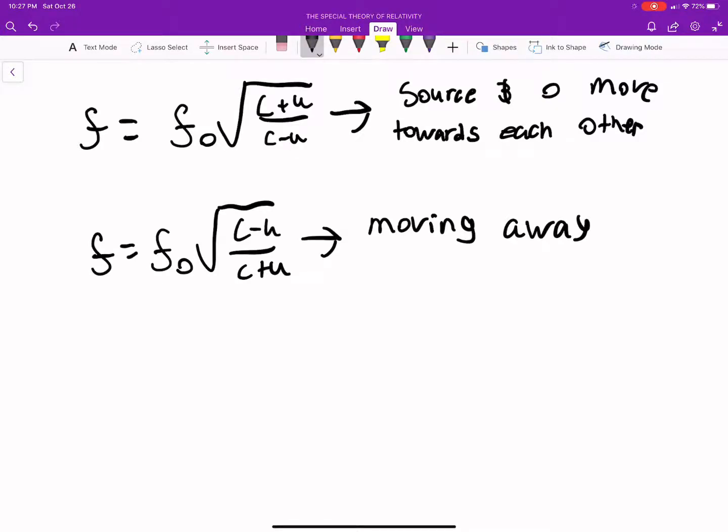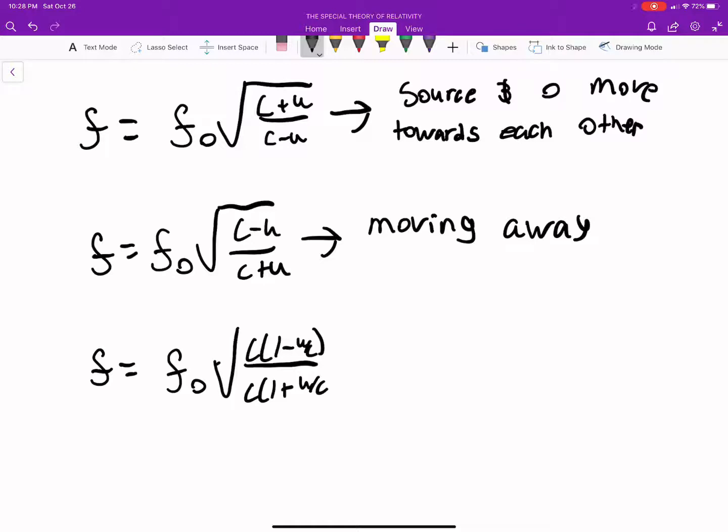Now, I'm going to rewrite it a little bit so we see it closer to how the book has it. So the book does a little more algebra, which I'll work through here. The square root of c times 1 minus u over c, over c times 1 plus u over c.